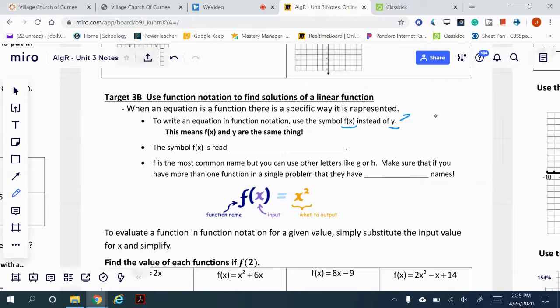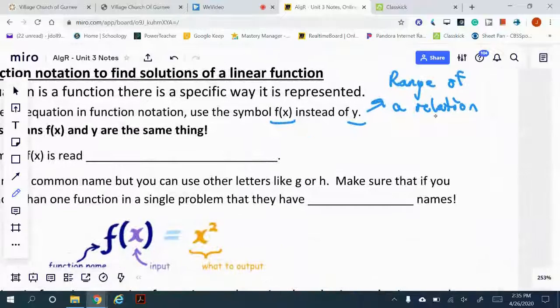Previously, we've used y, and y, the y coordinate, is the range of a relation. Now, we can still use y. We're going to be using y at times to represent the range of a function. But what we get here with a function is a way that is only used in a function to express the range.